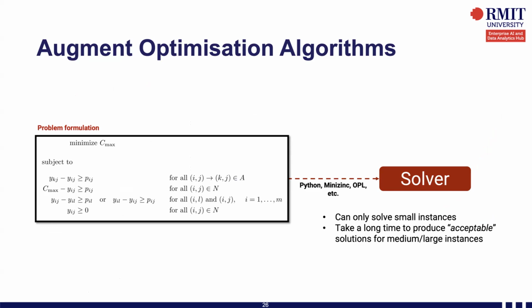So that is where I'm thinking, when we have the problem formulation, usually what we do is we formulate the problem, fit it into the solver, and we want to get a solution. That's what we want. But usually this approach can only work for small instances, and sometimes it may take some time to produce an acceptable solution for medium and large problems.